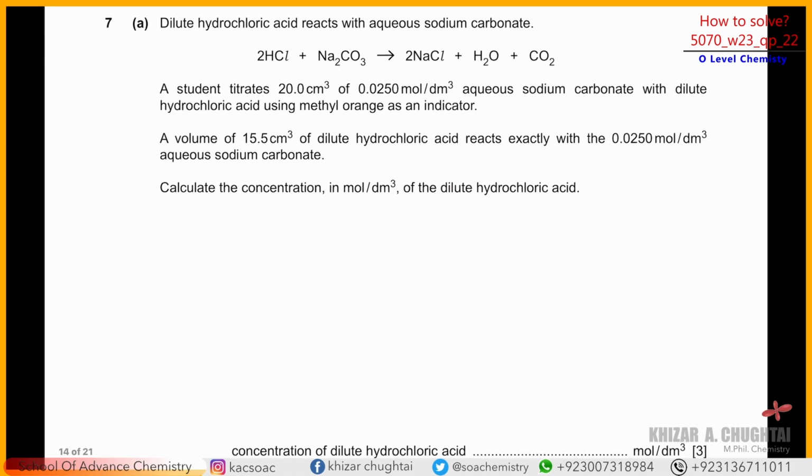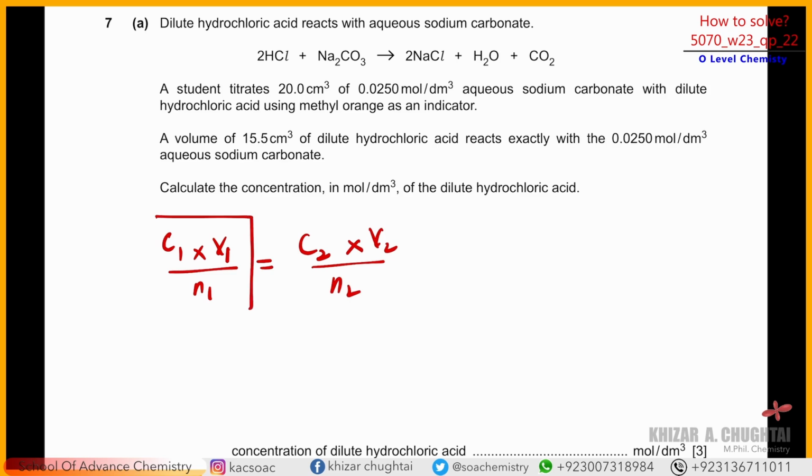So this is an acid-base reaction, an acid-base titration you can say, and here we can apply our typical formula: C1 V1 over N1 equals C2 V2 over N2.